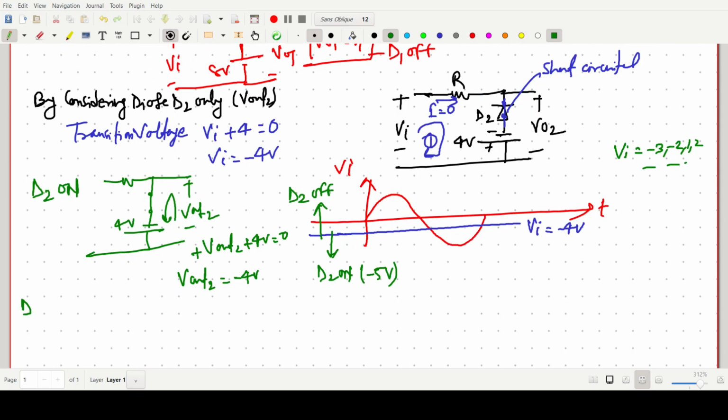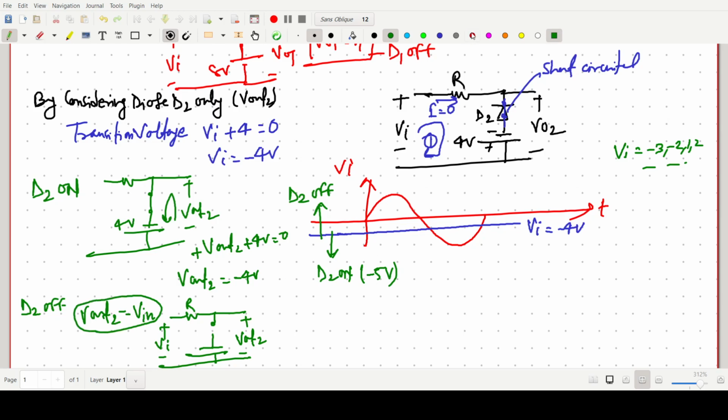And when D2 is off, V output 2 is the same as V in, because in this case the circuit will be like that, with V output 2 and V in across R. So V output 2 equals V in.